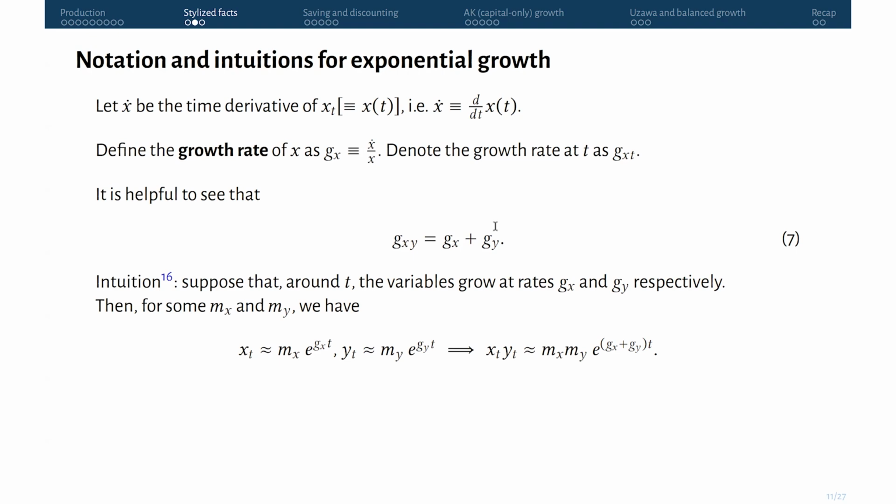Then locally, at least around t, x will be proportional to e to the g_x t. Likewise, y proportional to e to the g_y t. And so the product of the two things will be growing at rate g_x plus g_y. You just add up the exponents, and so xy is growing at rate g_x plus g_y.